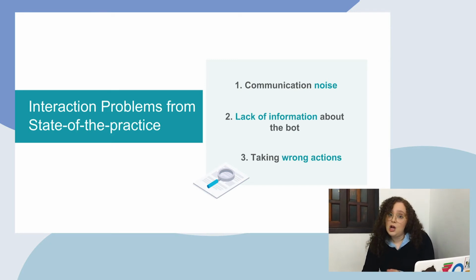We found that contributors would like to know more about the role of the bot in the project. And the last one is bots taking wrong actions. In some cases, the rule-based nature of these bots leads them to take wrong actions in certain situations.